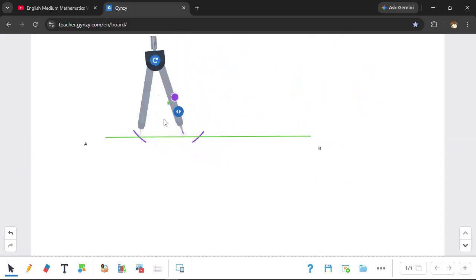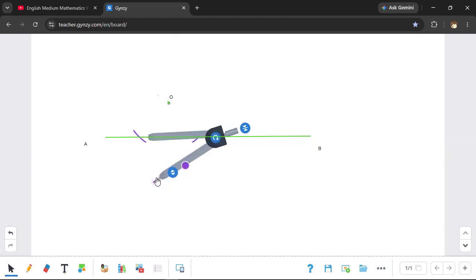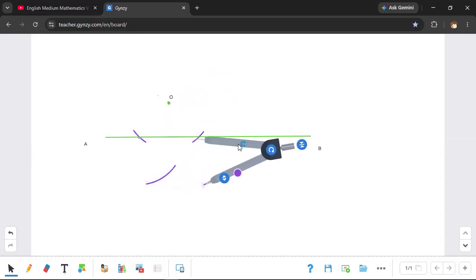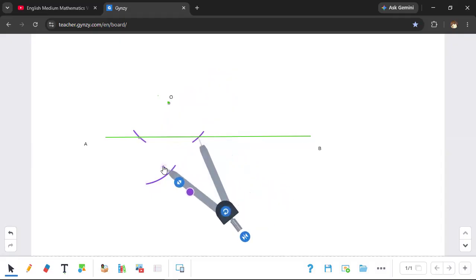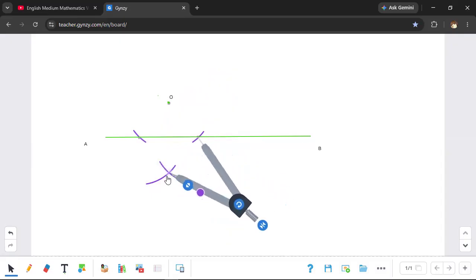I will take a distance of more than half of the length between these two intersecting points of the arcs, and then mark two arcs below this. I will move my compasses and draw another arc like here.